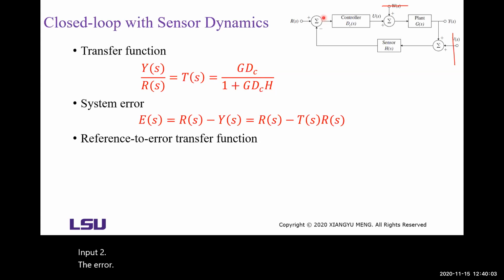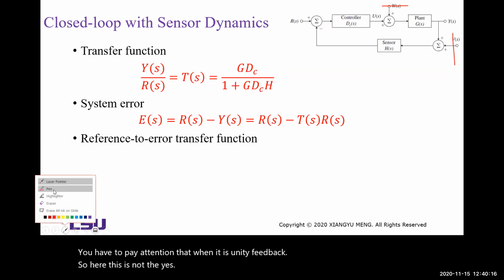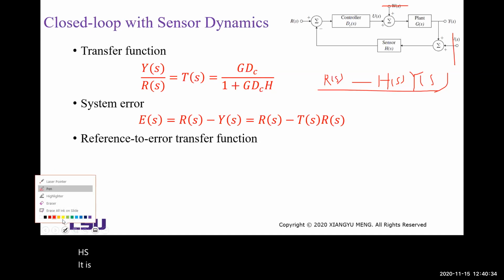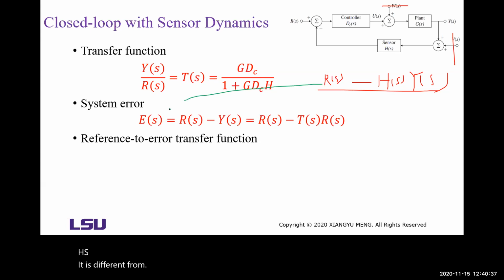You have to pay attention that when it is not unity feedback, this is not the E(s) seen by the controller. That one is R(s) minus H(s) Y(s). It is different from the tracking error. Yes, they're not the same.